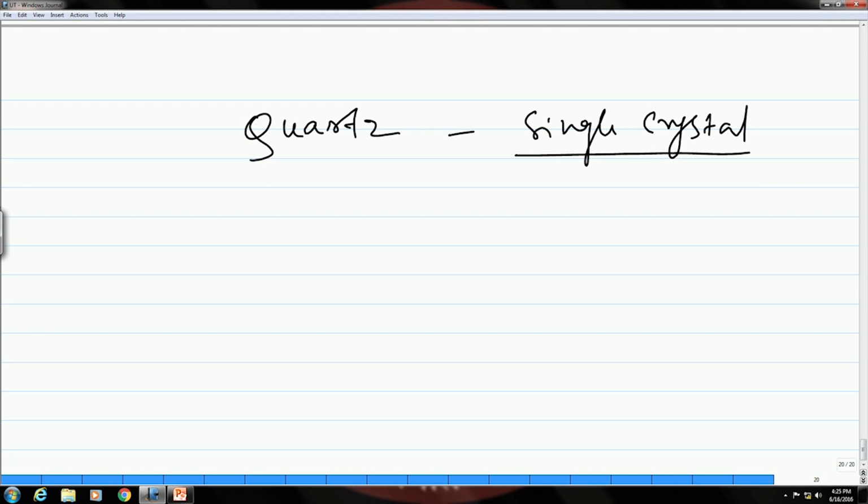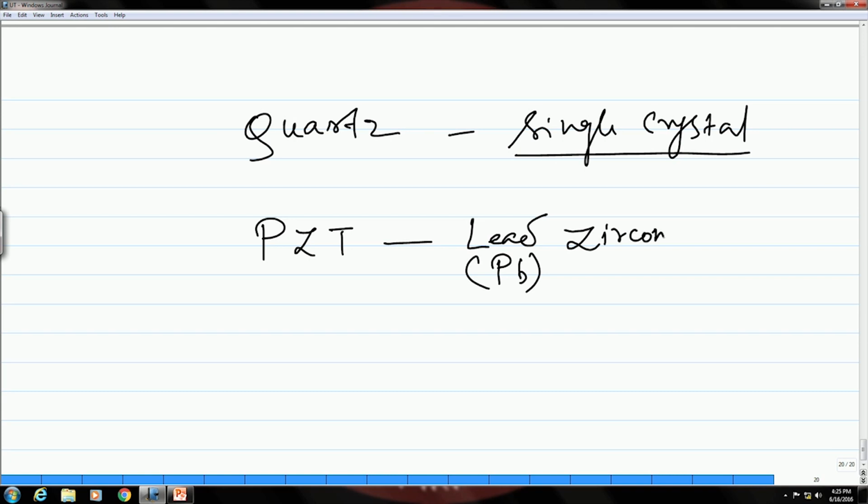There is one more material which shows very good piezoelectric property, and that is known as PZT, which stands for lead, that is Pb, so that is where the P comes from, zirconate, that is the Z, titanate, that is the T. Okay.